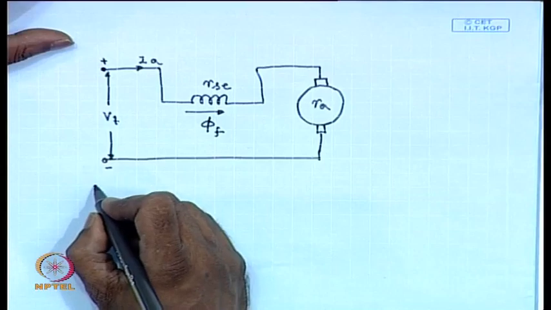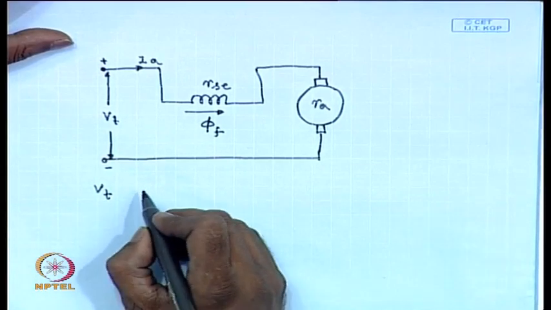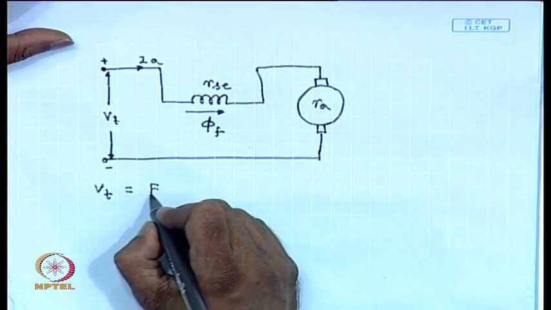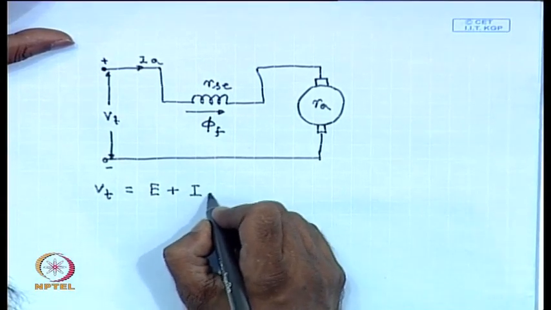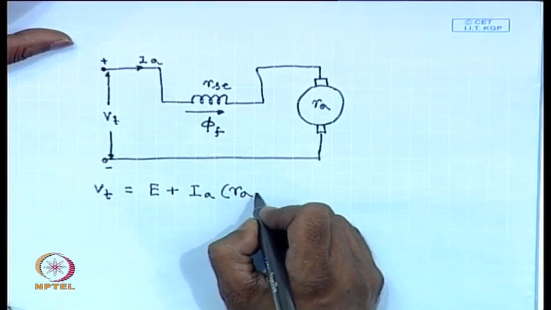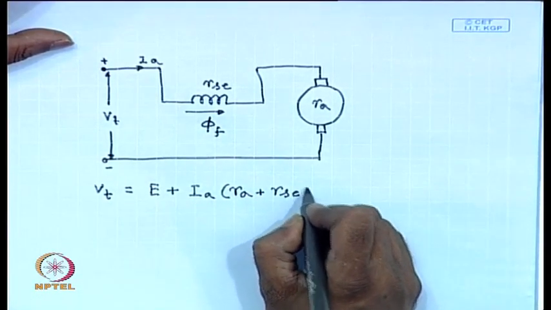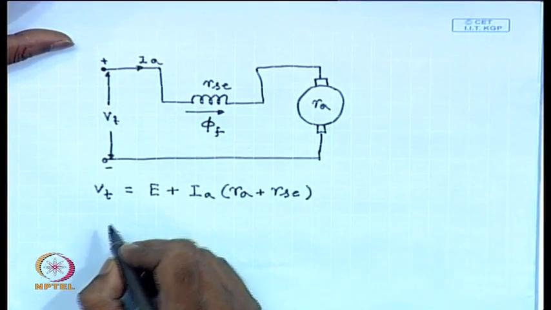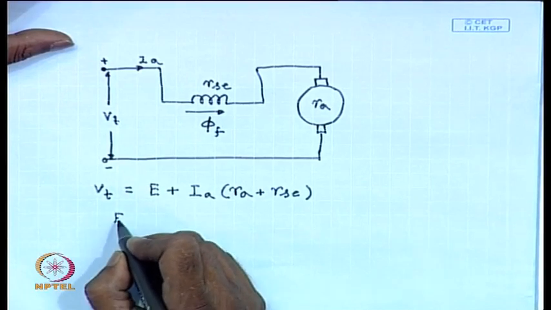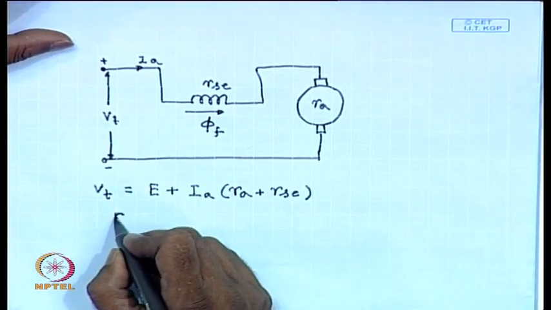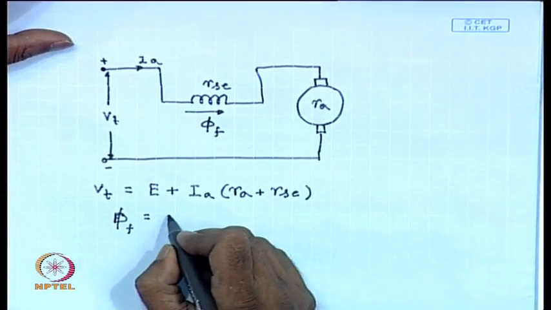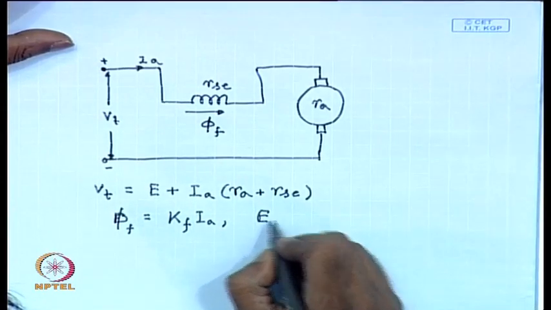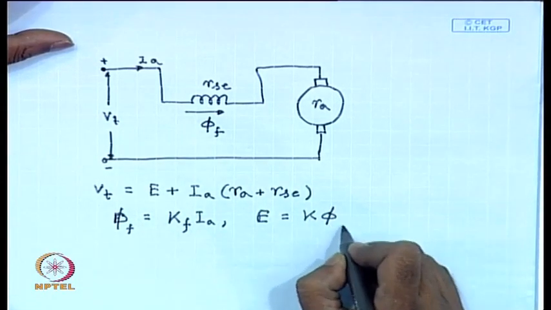We can write induced voltage E plus I A. If we assume that the machine is unsaturated, then phi f equal to some k f into I A for a series machine, and E of course is k phi f omega.